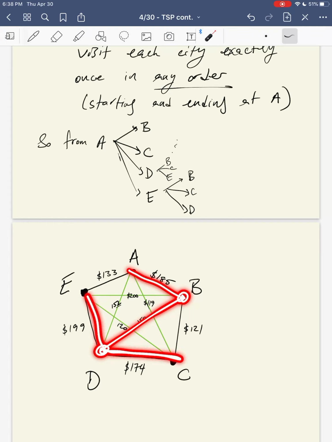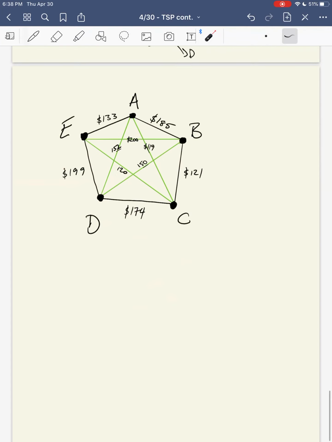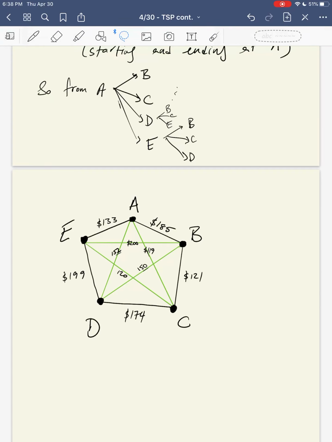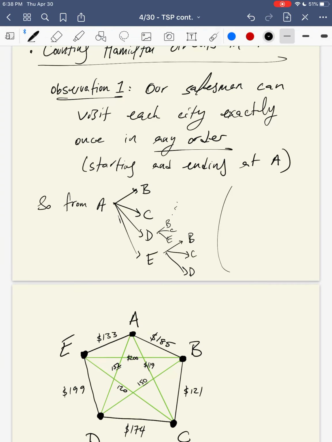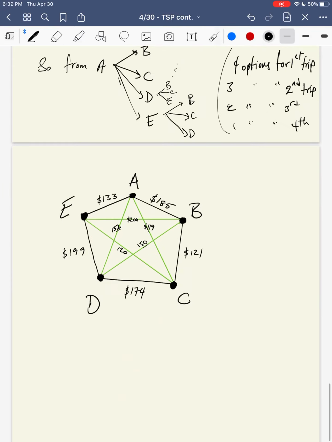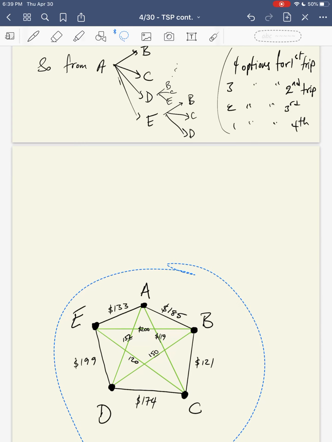Either C or E, but can't go back to A, because otherwise he would have visited that point twice. So he has to do A, B, D, and then either E or C, so that's only 2 options. Okay? So that's 4 options for the first trip, 3 for the second, 2 for the third, and 1 for the fourth.